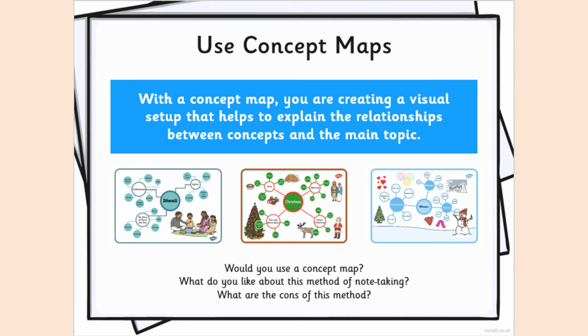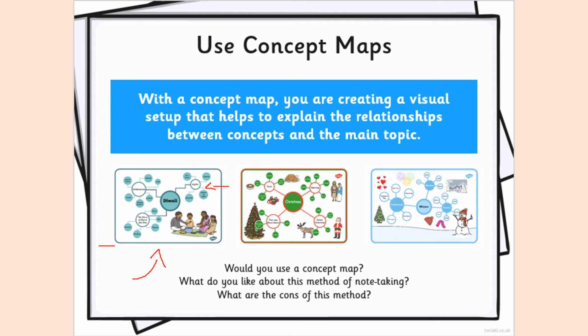So for example, in this first concept map, the main focus of the topic is Diwali, so you can write that down in the middle. Then you have many sub-branches. You have lights here, and then you can talk about the significance. Here they've talked about the significance of light during the festival of Diwali.